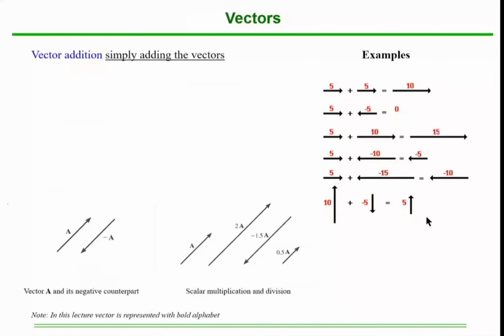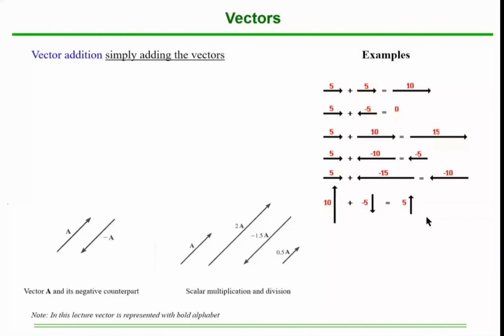Vector addition. You know, vectors in the same direction add up, vectors in opposite direction subtract. You can even multiply a vector with a scalar. So its magnitude increases, its direction doesn't. There's no such term as increase in direction.